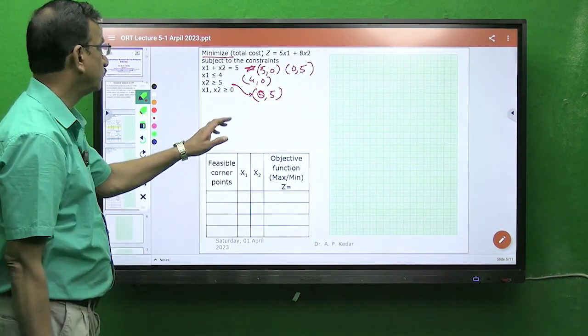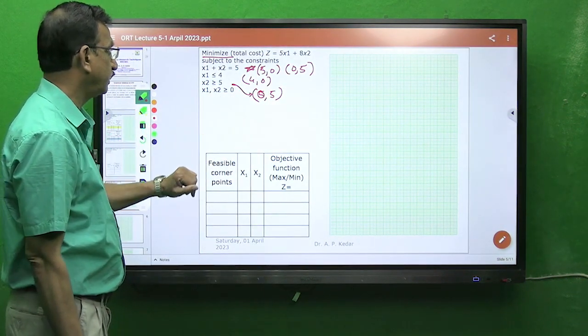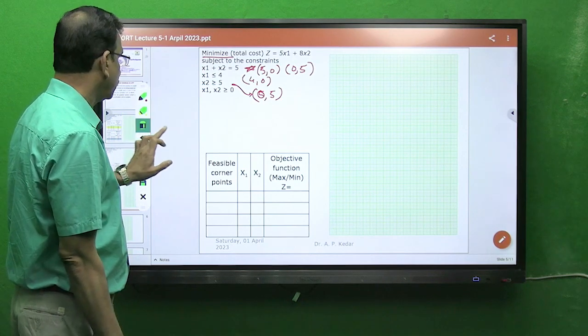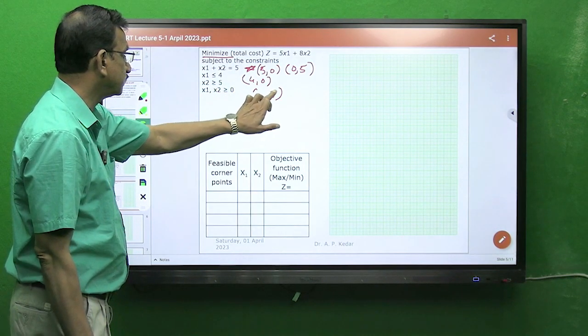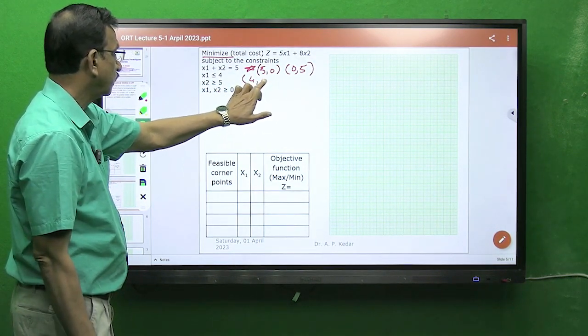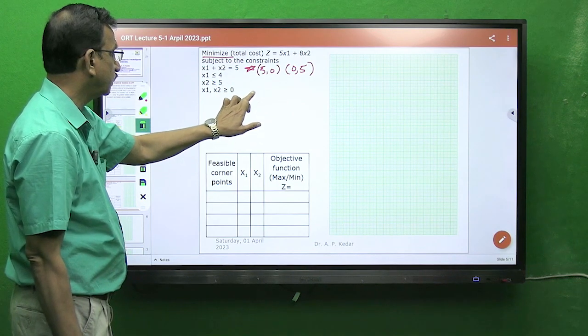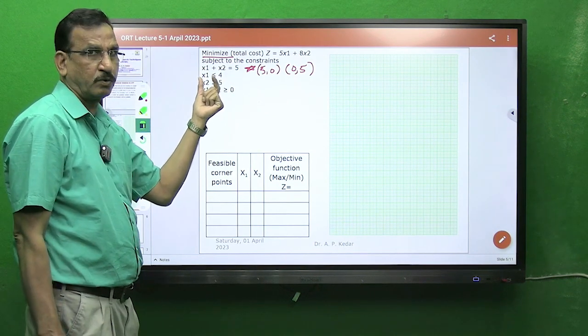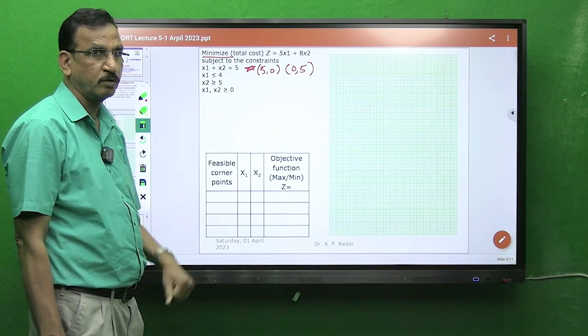Now we have to identify. Basically what we can do is, suppose we don't put it like this. Only I have shown this for understanding what is the value of x1 and what is the value of x2.